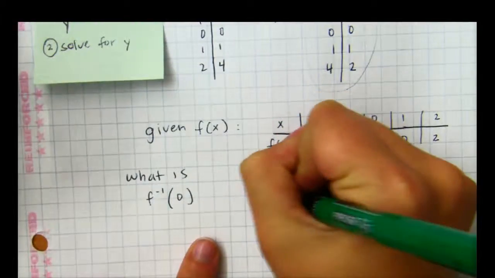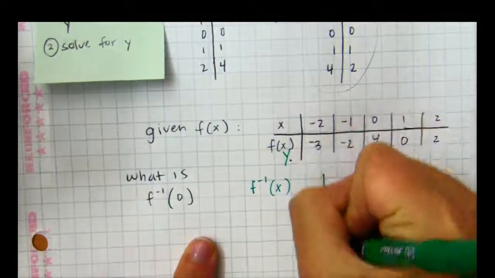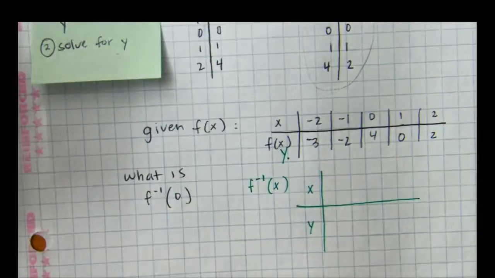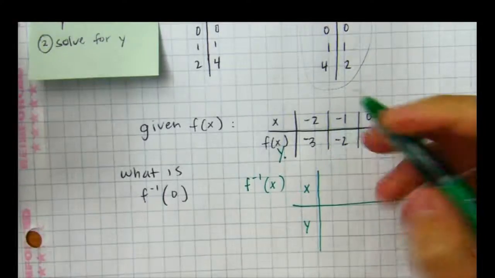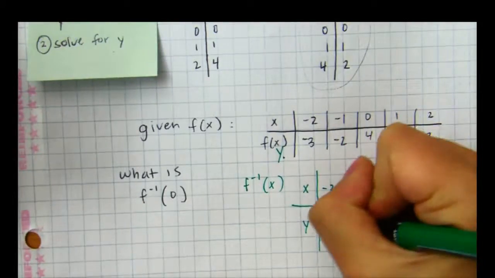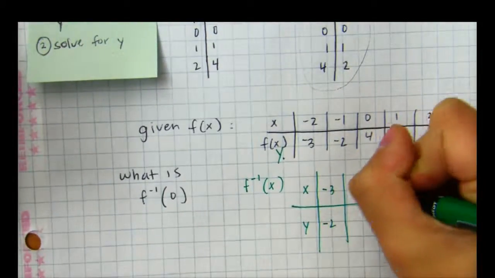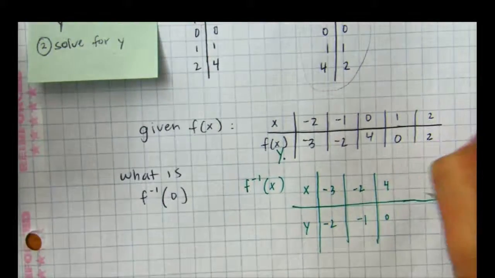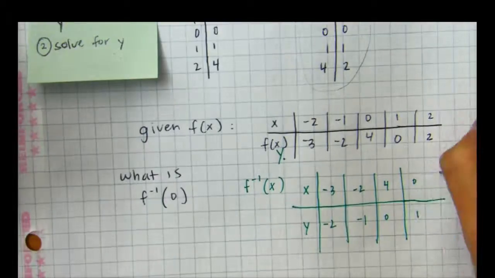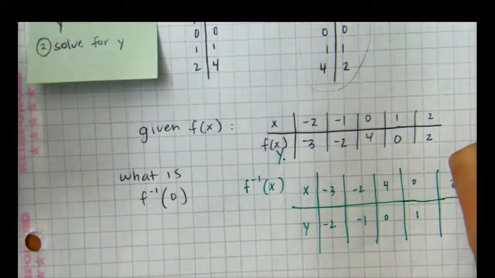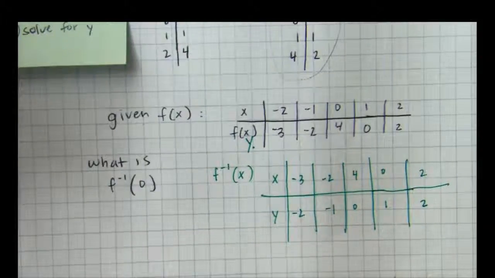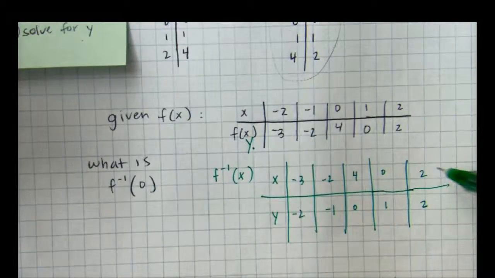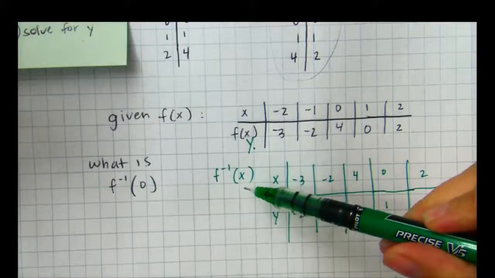So inverse of x. We've got x and y values, and I'm going to switch them all up. So -2, -3 becomes -3, -2; -1, -2 becomes -2, -1; 4, 0 becomes 0, 4; 0, 1 becomes 1, 0; and 2, 2 stays 2, 2. So this table of points are the points on my inverse function.